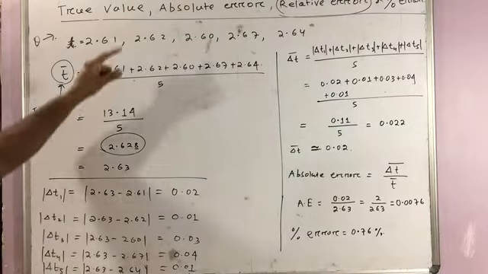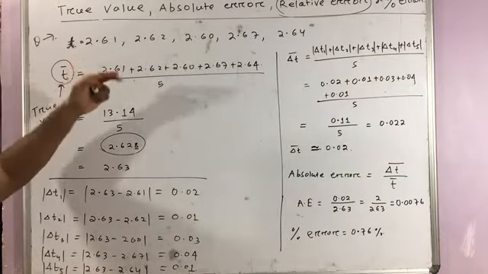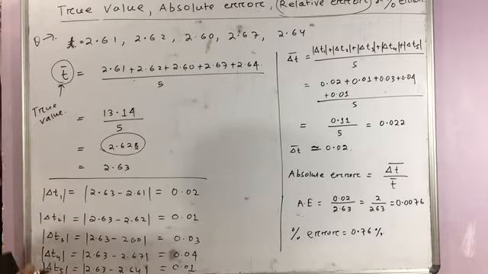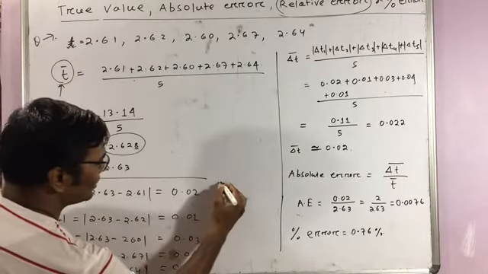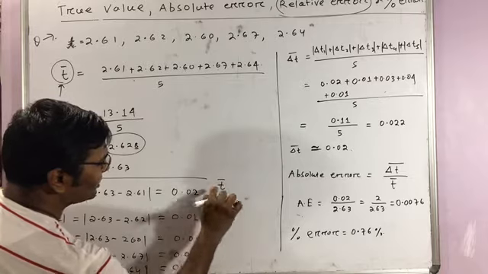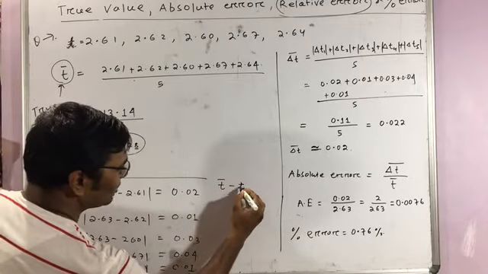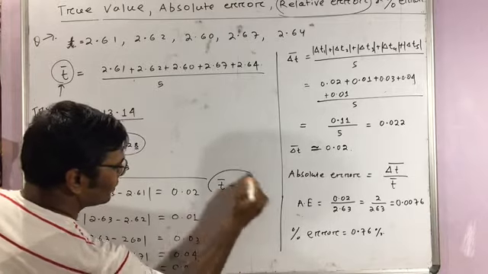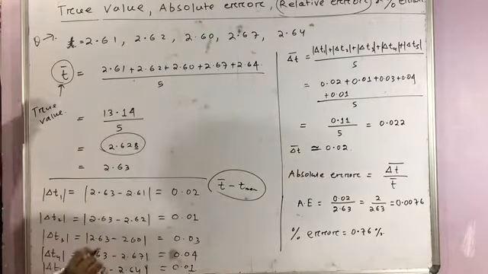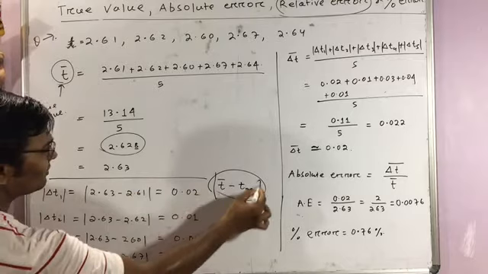Now you need to find the absolute error in all the measurements. The formula is the difference between the true value and the measured value; that is your error, and for absolute error you take the mod of it.